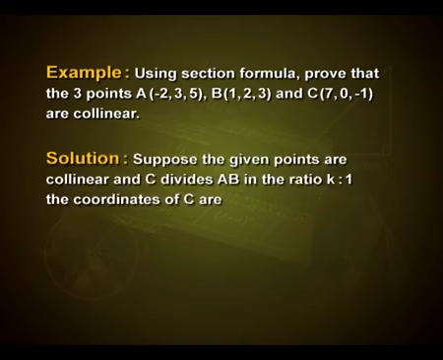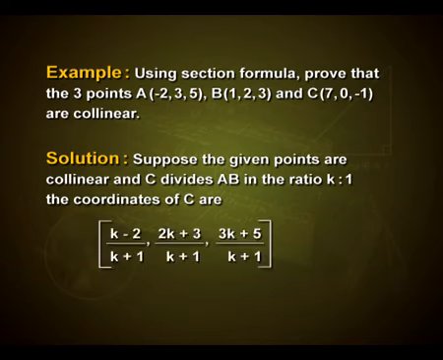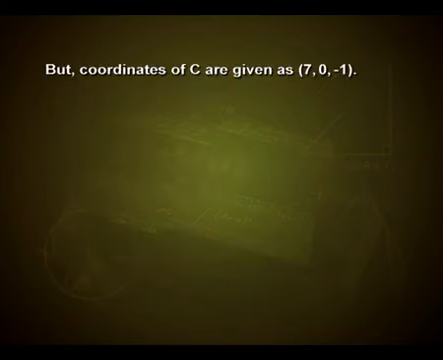Suppose the given points are collinear and C divides AB in the ratio k is to 1, the coordinates of C are ((k minus 2) upon (k plus 1), (2k plus 3) upon (k plus 1), (3k plus 5) upon (k plus 1)). But coordinates of C are given as (7, 0, -1).